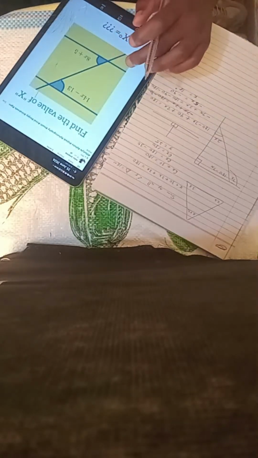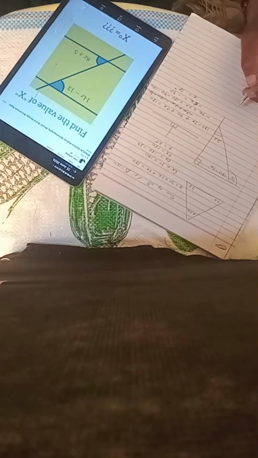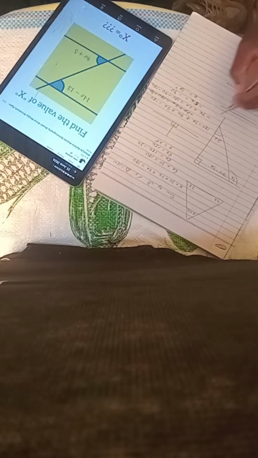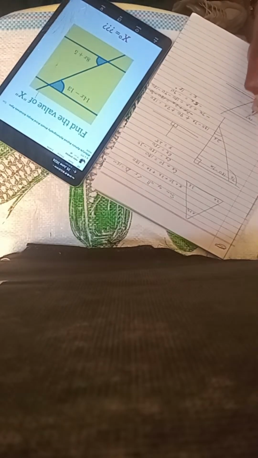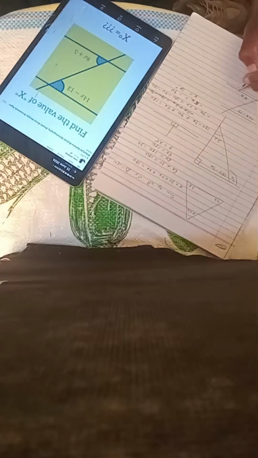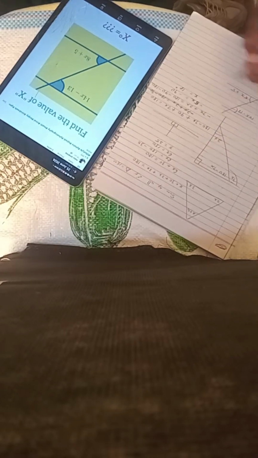Okay. Here's another one, which is find the value of x. So from this here, 14x minus 13, 8x plus 5. So for x, we're going to assume that these two are parallel.